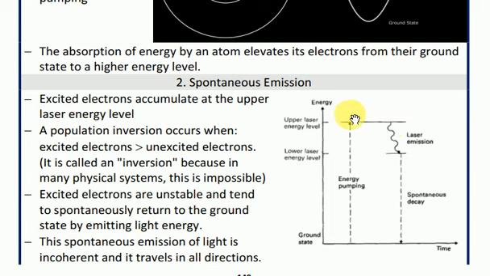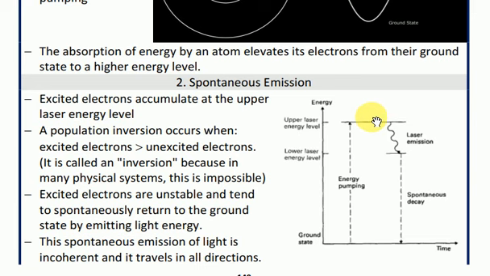When there are more atoms in the excited state than in the lower energy state, population inversion is said to have occurred.